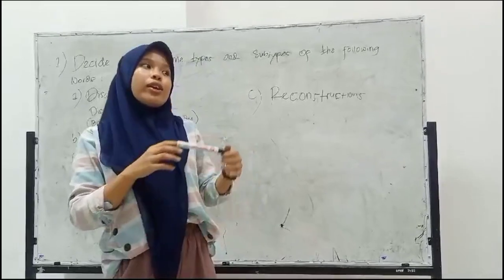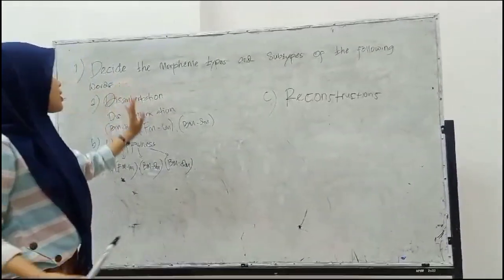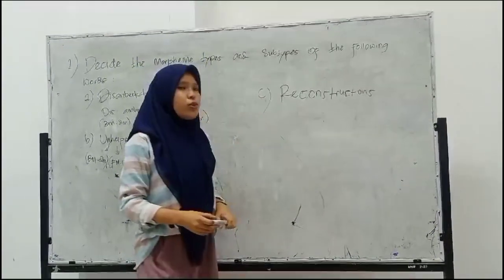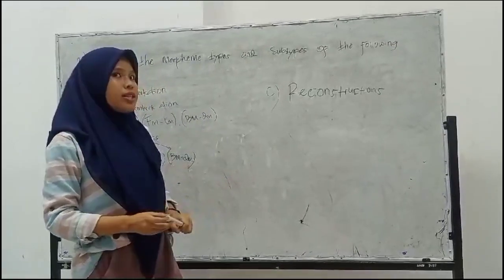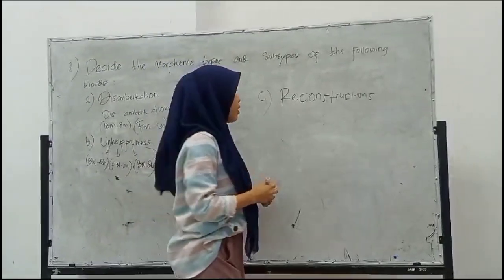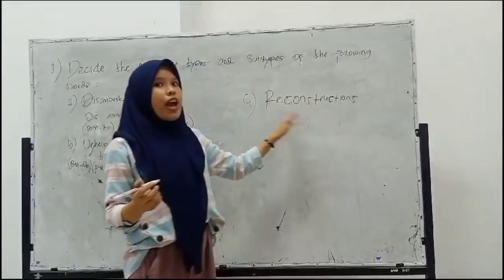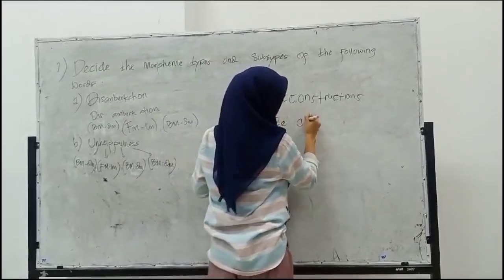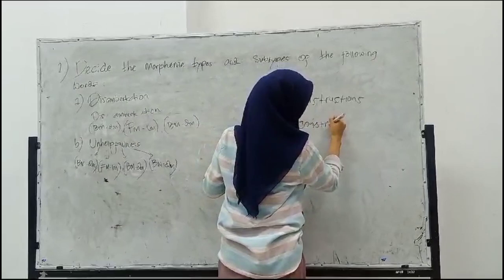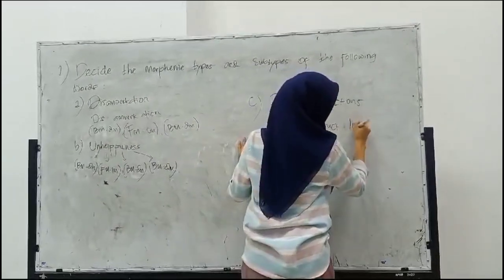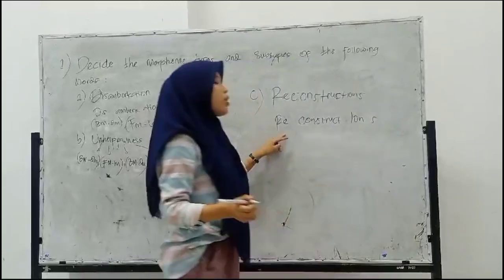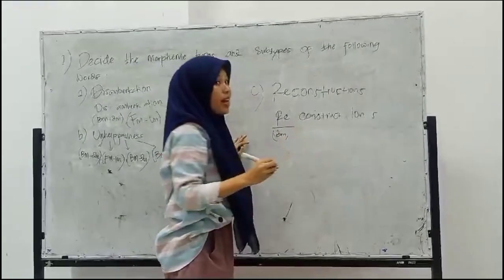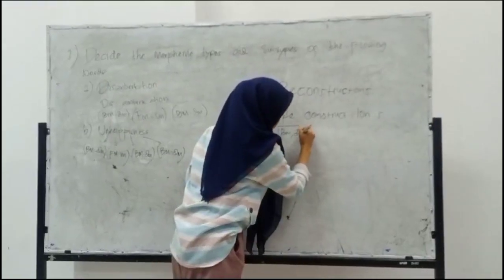Well, I continue the material on morpheme types and subtypes. We can see reconstruction. Reconstruction is a noun. Reconstruction has four morphemes. Re is a bound morpheme and the subtype is derivational morpheme.